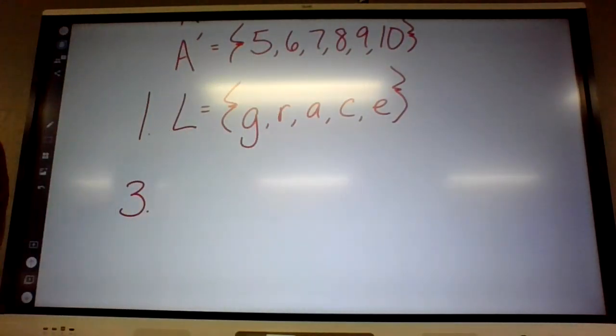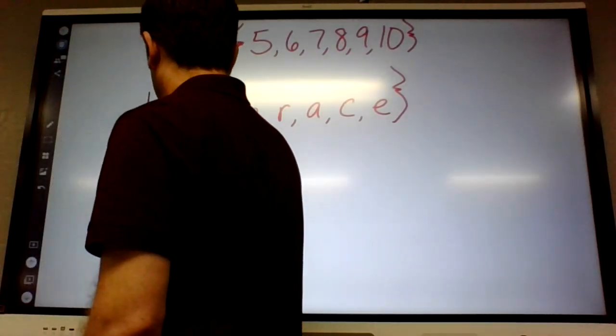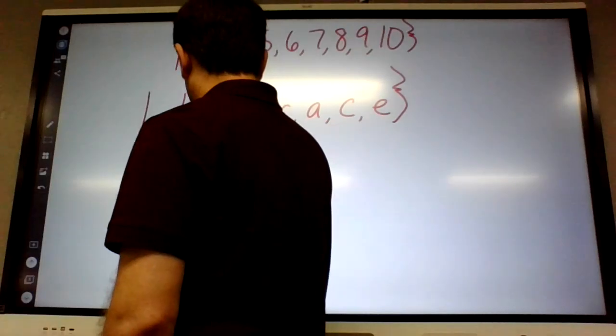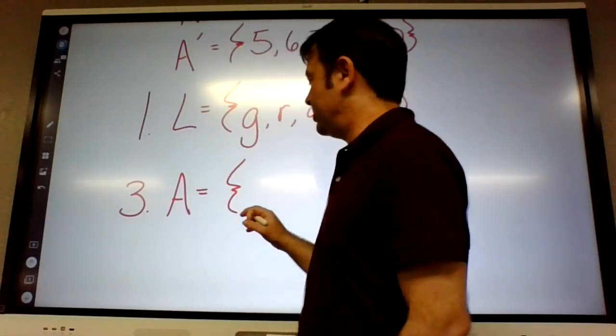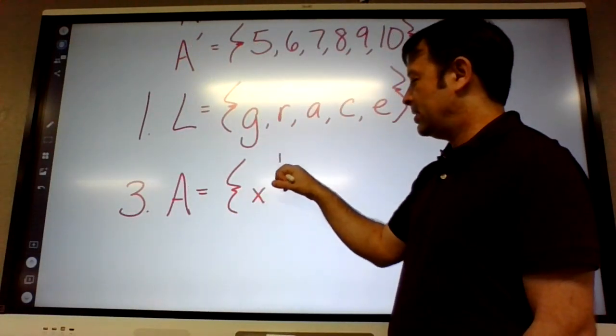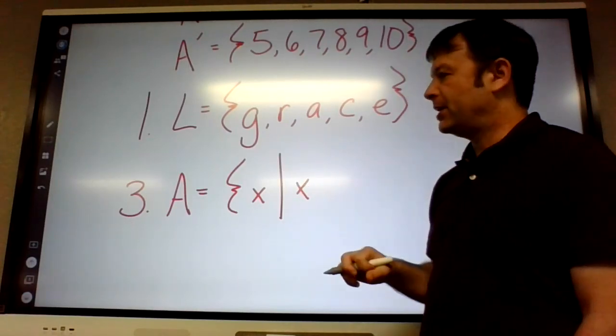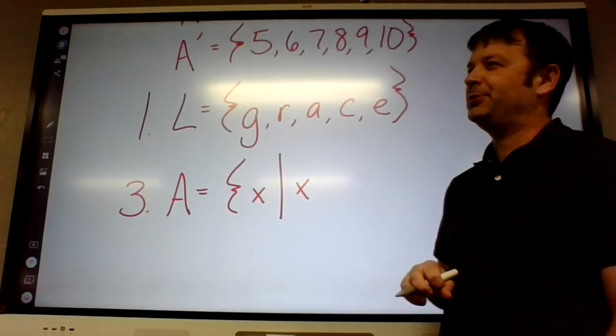Okay, number 3. Describe 2, 4, 6, 8 in set builder notation. Okay, on this one, you always put a little letter here. I always just use X. And then you describe what X is. Okay, so how could we describe 2, 4, 6, and 8?